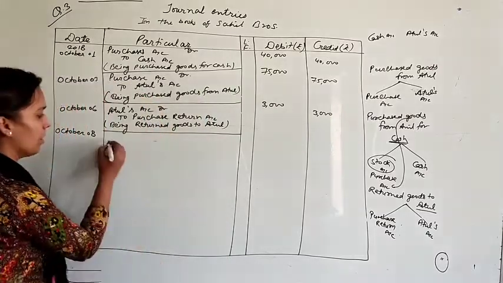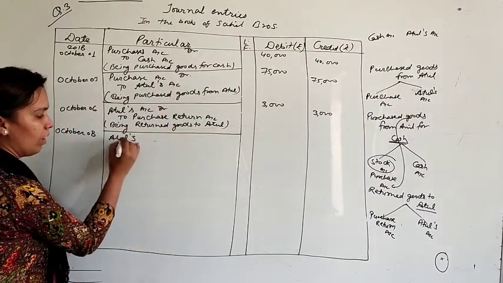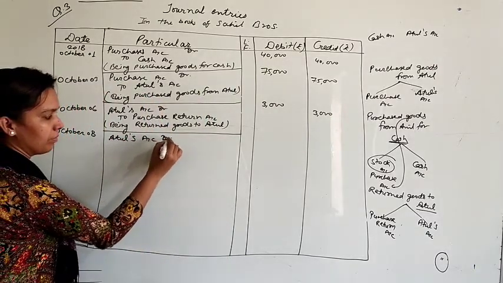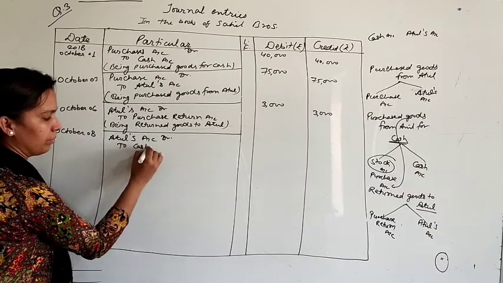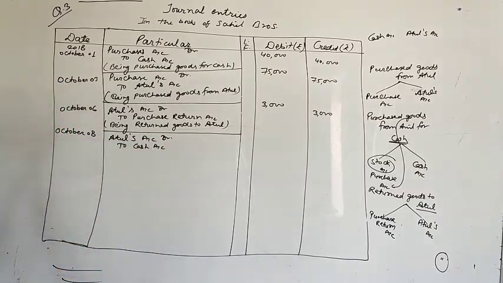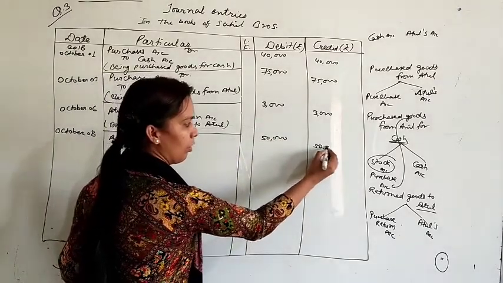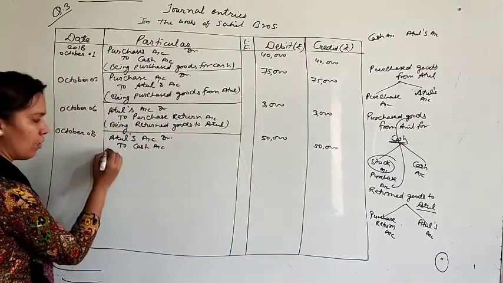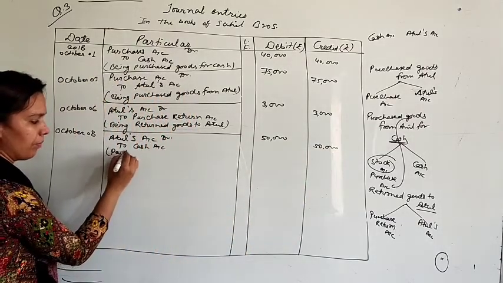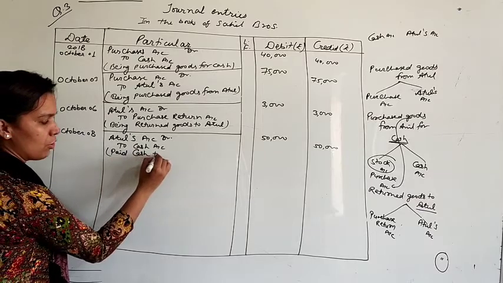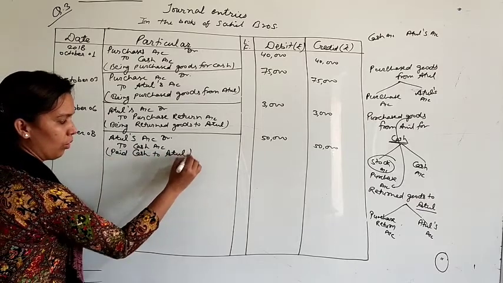So the entry will be: Atul's account debit to cash account, 50,000. You are paying cash to Atul, that is 50,000. Write down the narration: paid cash to Atul.